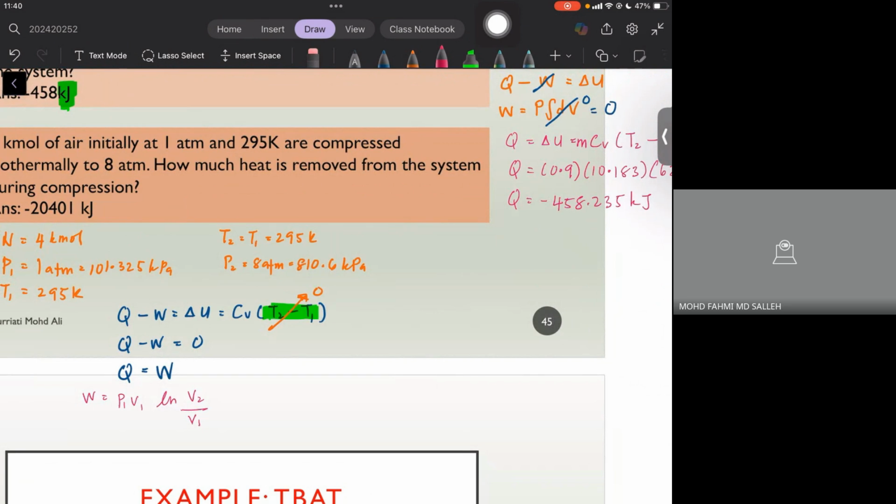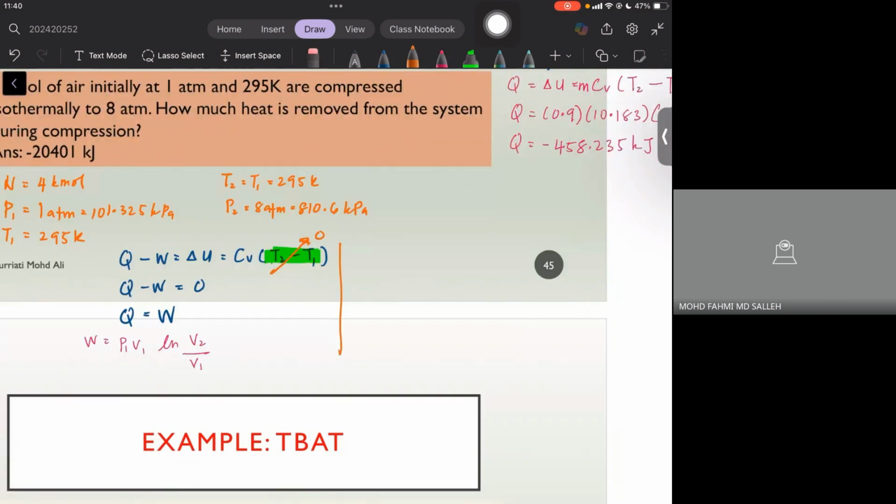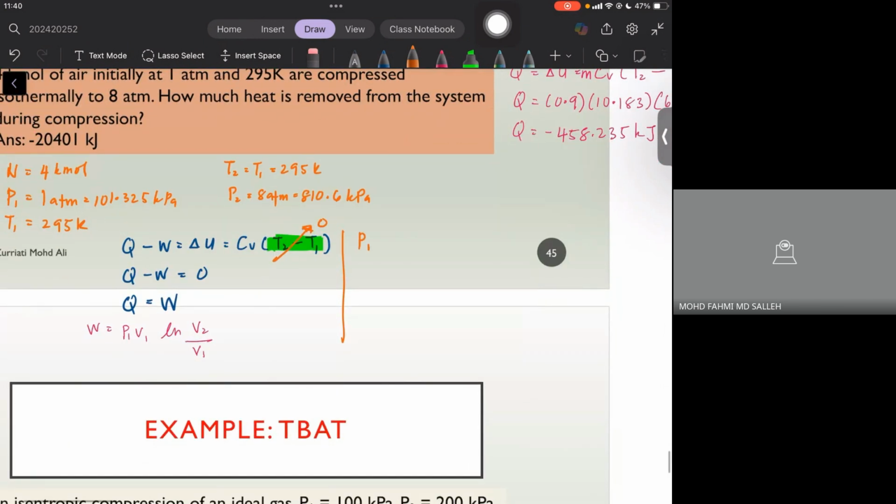We find V1 by using the ideal gas equation, P1 V1 equals m R T1.